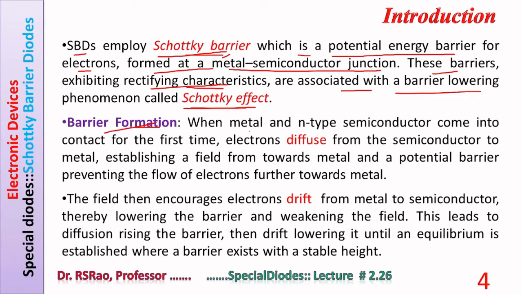Barrier formation. When metal and N-type semiconductor come into contact for the first time, electrons diffuse from the semiconductor to the metal, establishing a field from semiconductor towards metal and a potential barrier preventing the flow of electrons further towards the metal.